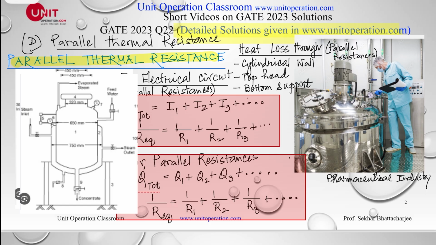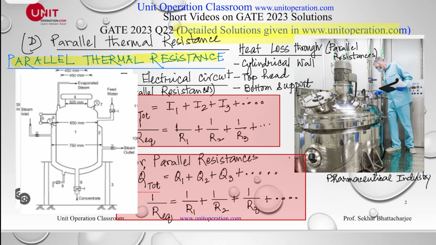So in the case of parallel resistances, we know for the electrical parallel circuit, I total is equal to I1 plus I2 plus I3, the current through different resistances, if you remember this one. So these are basically a parallel resistance circuit.